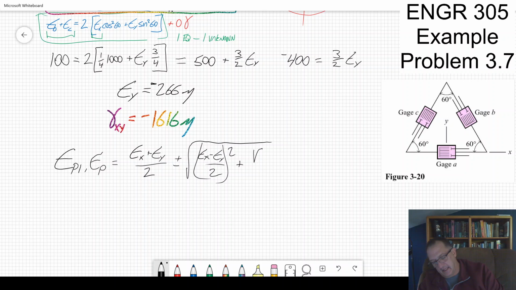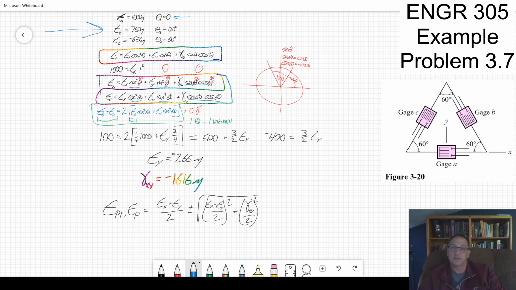Or you could start using Ames Web and start converting them that way. That's example problem 3.7. The key for what we did and what you need to be thinking about is we started with data from 3 strain gauges with different orientations.